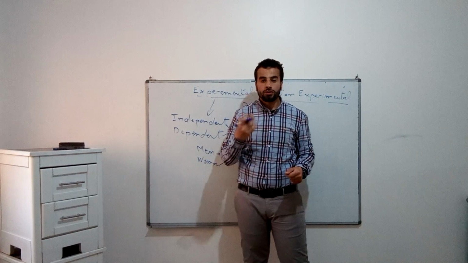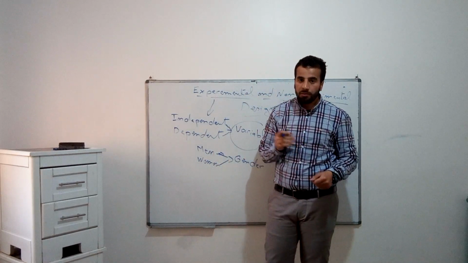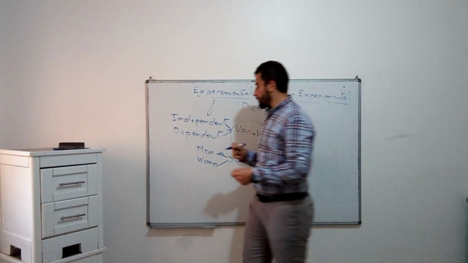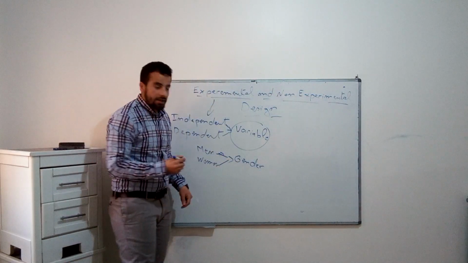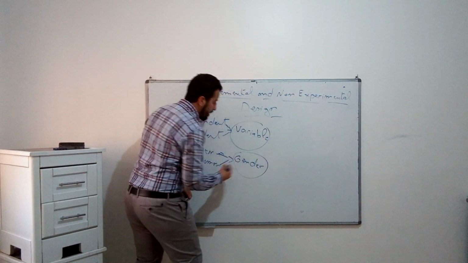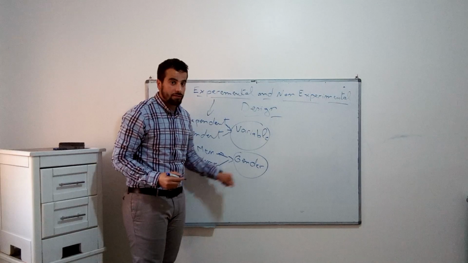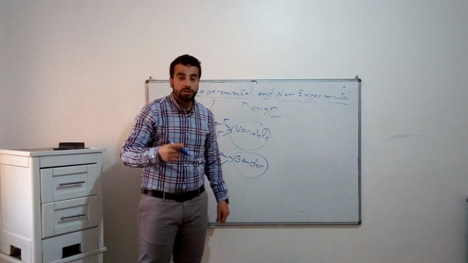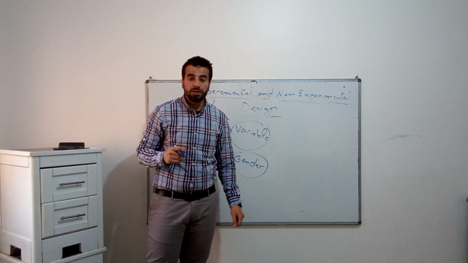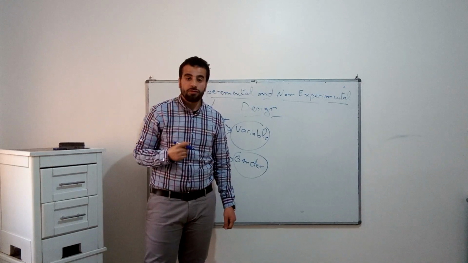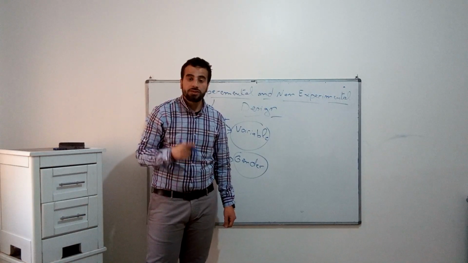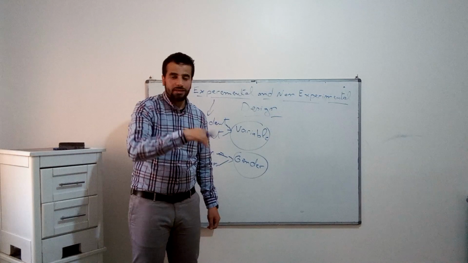Here, what you're going to do is test your hypothesis by using the independent variable. Gender is your independent variable, and the result that comes up after your treatment, meaning their language proficiency, their performance in producing words, is the dependent variable.